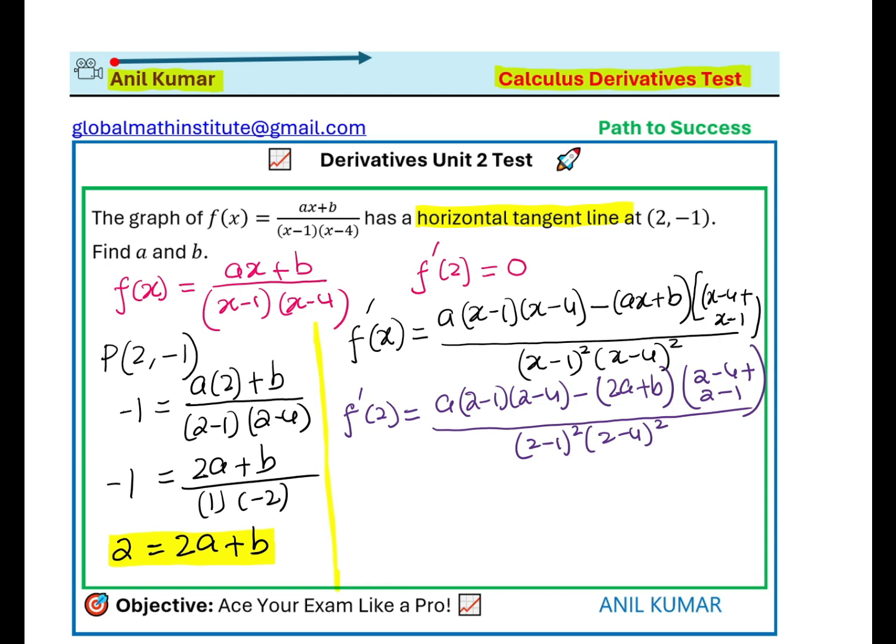Now this derivative is 0, so forget about the denominator. The numerator should be 0.